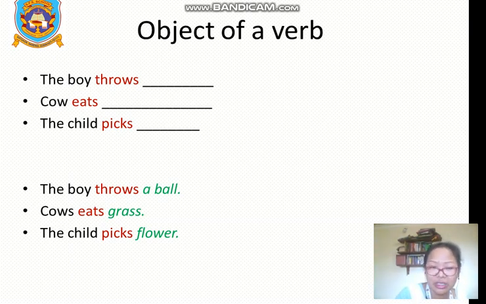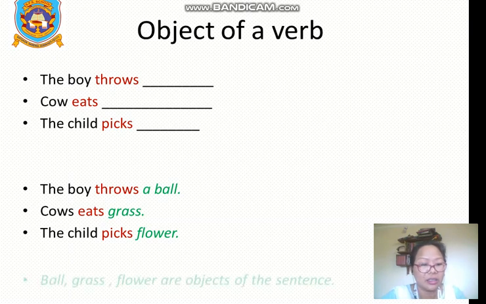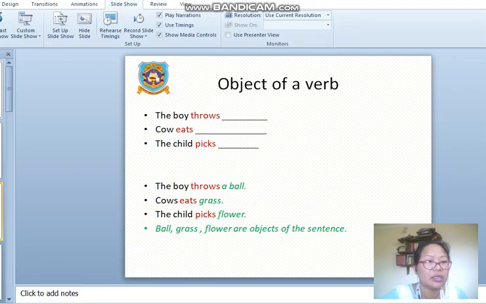What an object does is that the object is affected by the action of the subject. Here boy is the subject and does the action of throw, and that affects a ball. So here a ball is the object. Here the subject is cows. Sorry, here it should be cows eat.